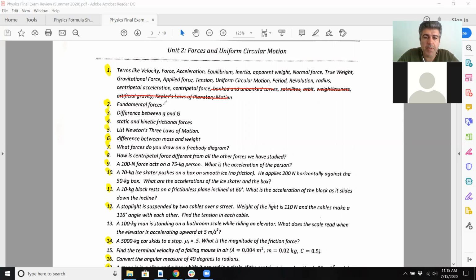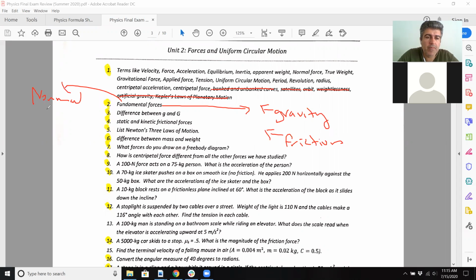Fundamental forces. A lot of that's just going to be knowing force due to gravity, force due to friction, normal force, applied force, and net force.